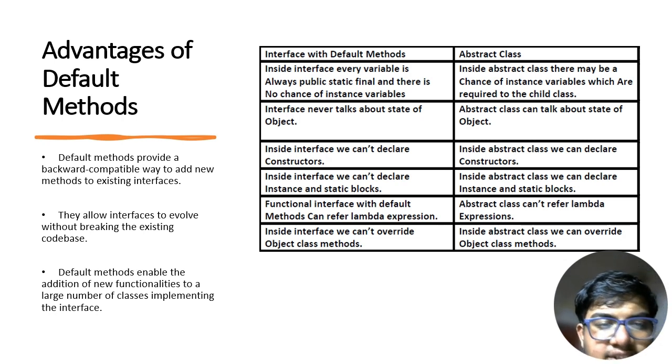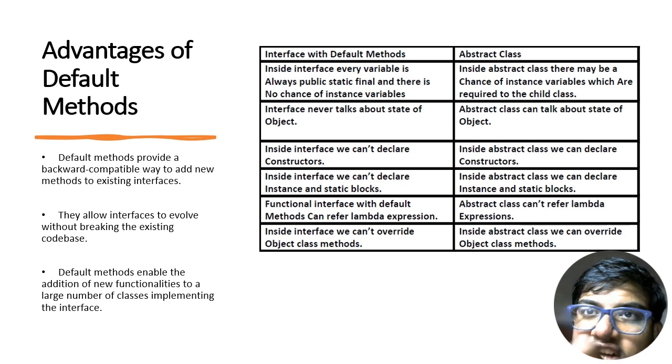As you can see, inside the interface, every variable is always public static final and there is no chance of an instance variable. While in an abstract class, there is a chance of an instance variable, which requires a child class.